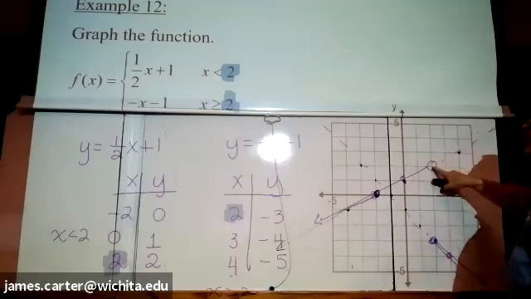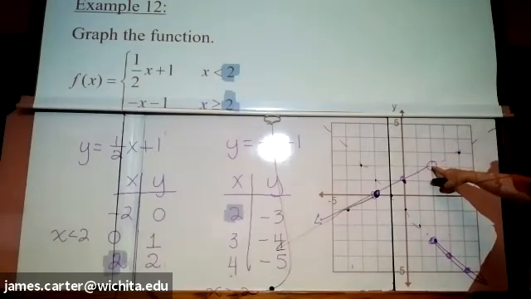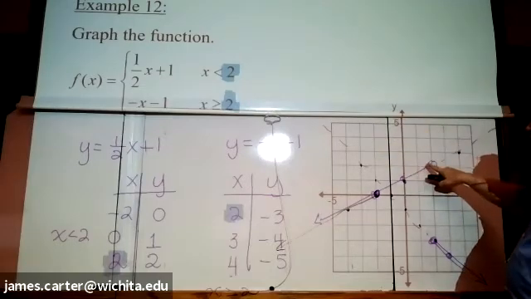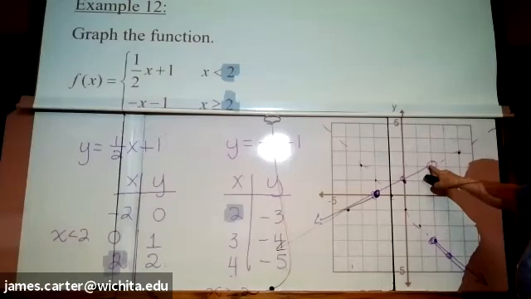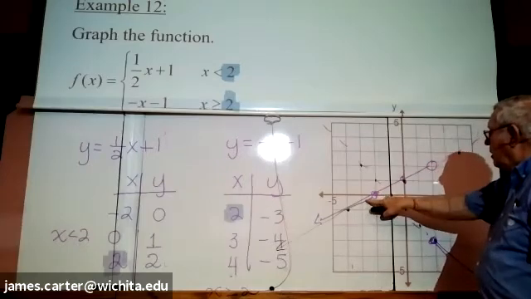Uh-oh, they're saying I made a mistake. This is the first one. Oh, it's greater than +2, not -2. So yes, it should come here.